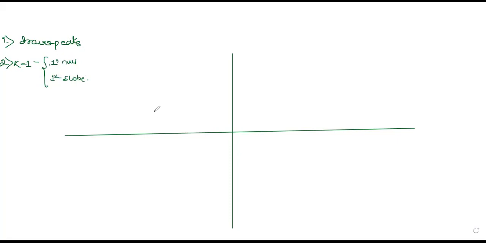I'll draw it once so you'll understand. Now this is your plus 90 degree. This is your minus 90 degree. Similarly, this is 0 and this you have 180. Now starting from first, you know the peak directions you're getting, all the values are plus or minus pi by 2, 3 pi by 2, 5 pi by 2. So all the peak directions will have to take the form of this one.